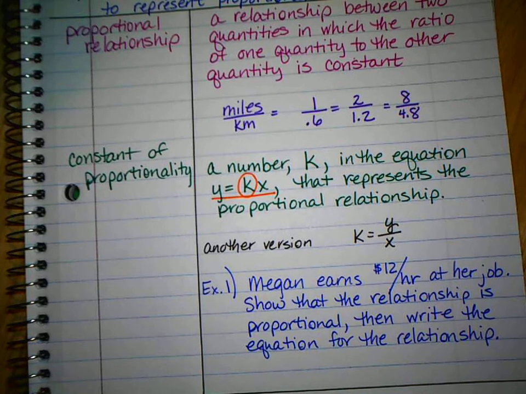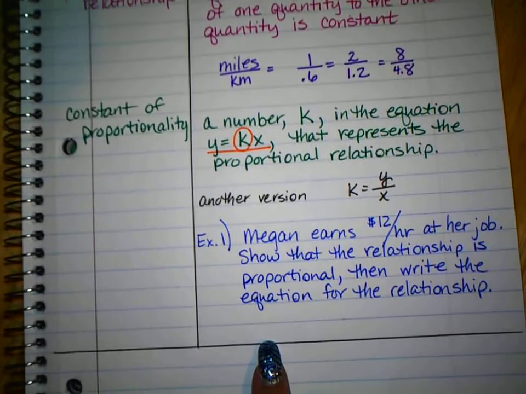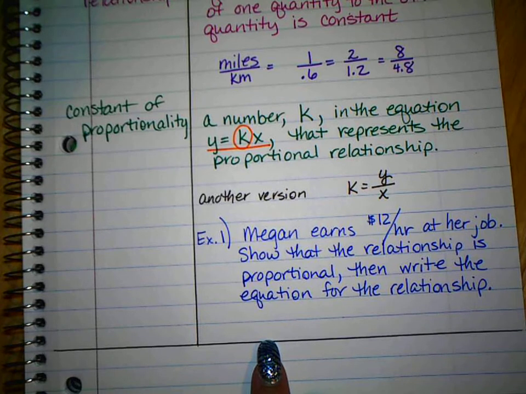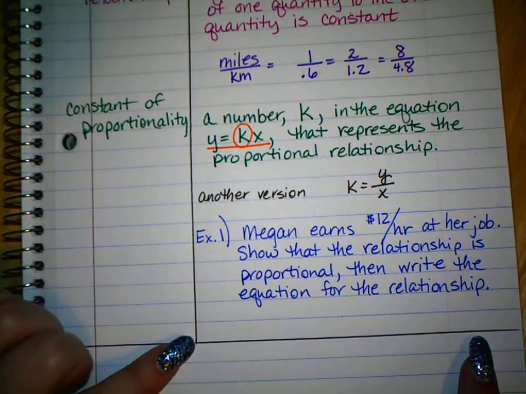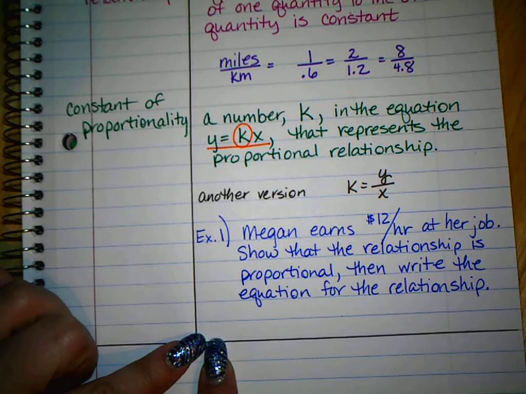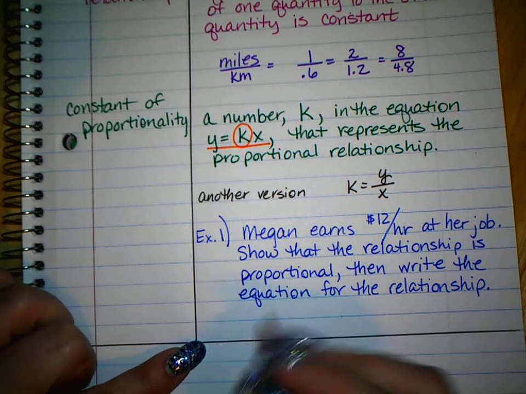What we need to do here is build a table to start with. I'm at the bottom of my page, but I'm going to go ahead today and build my table right here.